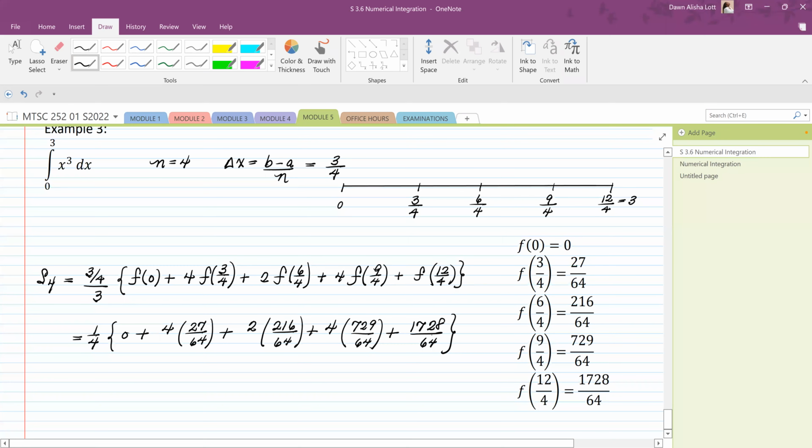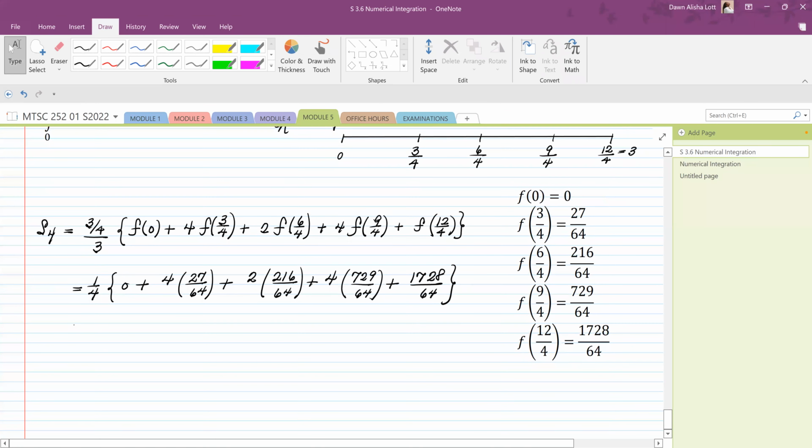Okay, so this is going to be 1/4. Factor out the 1/64.